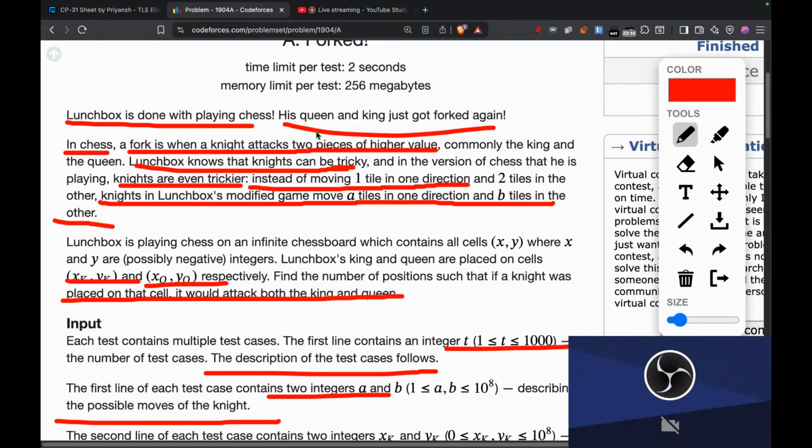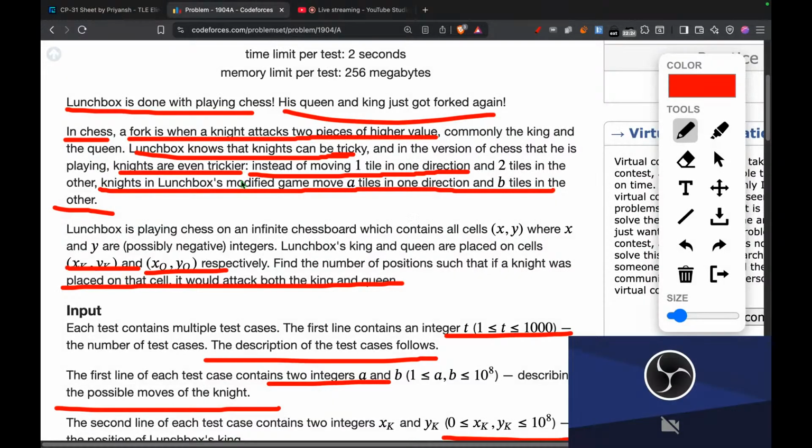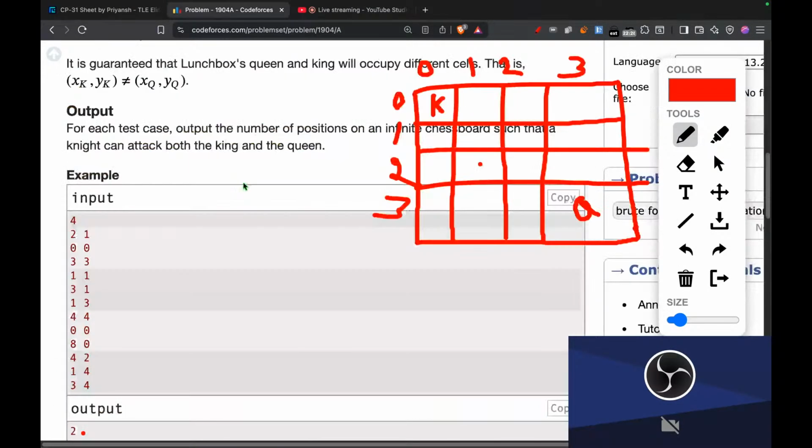The thing we have to confirm is that a is in x direction and b is in y direction, or it can be anything. The knight moves a tiles in one direction. Okay, it is given, yani कि any direction it can choose.